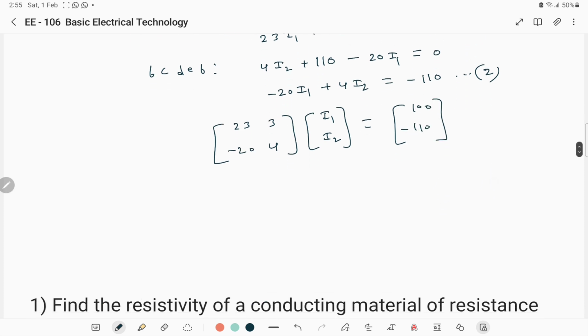So delta will be the determinant of the matrix 23, 3, minus 20, 4. This matrix is delta. 23 times 4 is 92, and 3 times 20 is 60, so 92 plus 60, 152 is delta.